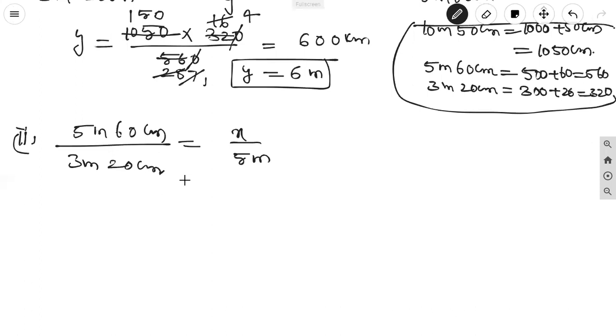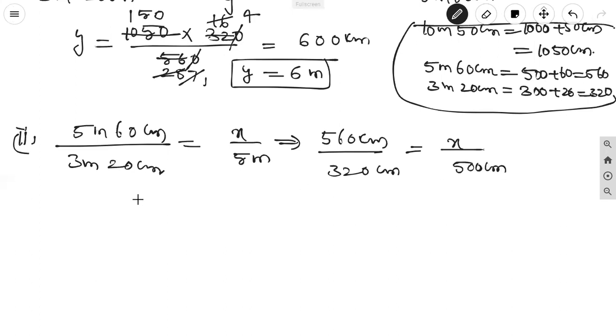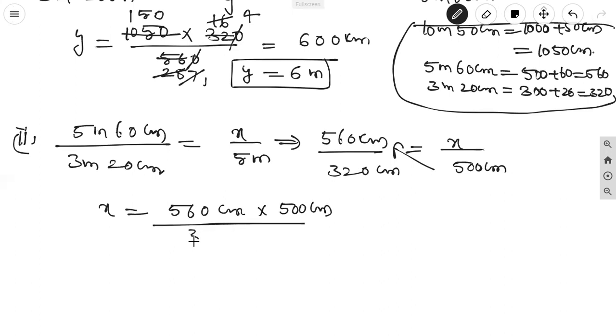Here also we can convert into centimeter, that is 560 centimeter by 320 centimeter equal to x by 5 meter, which means 500 centimeter. Cross multiply. x equal to 560 centimeter into 500 centimeter by 320 centimeter.